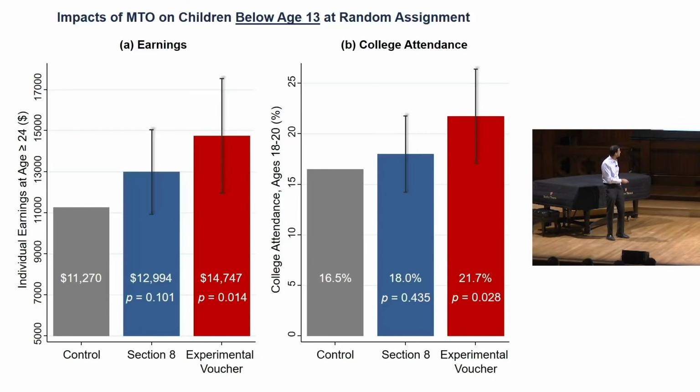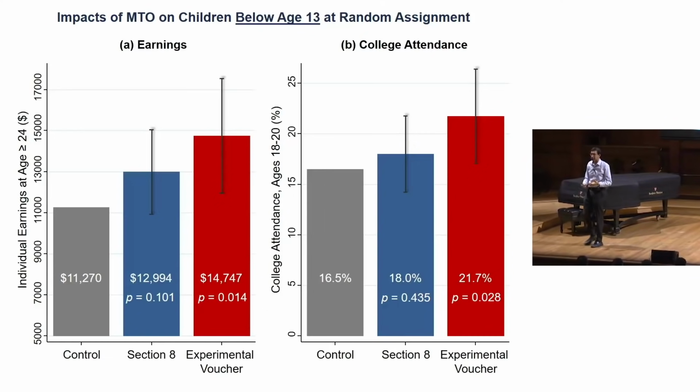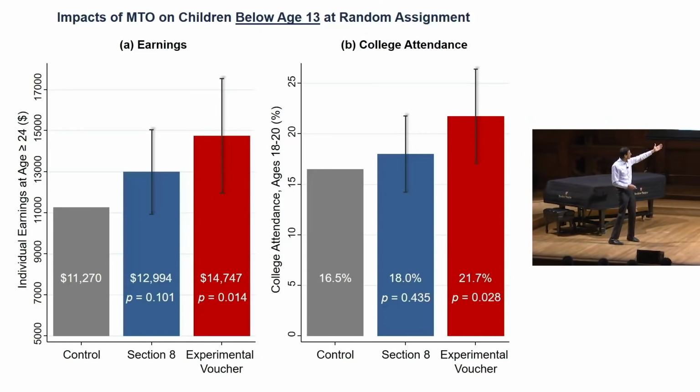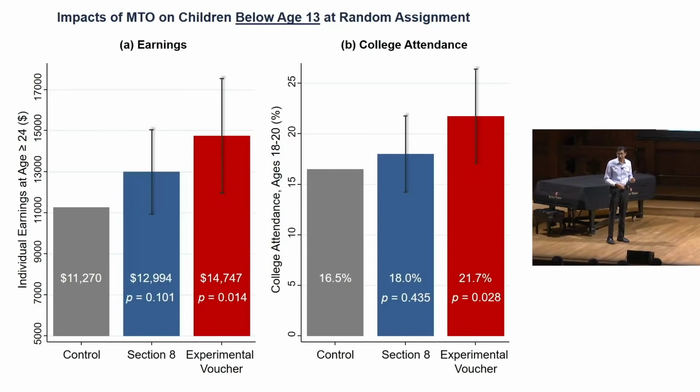And so what you can see there is that the average earnings for that group is about $13,000 as opposed to $11,270 in the control. And then finally, in the experimental voucher group, we do the same analysis, again adjusting for the compliance rate, and compute the average earnings for those folks. And that's closer to $15,000, okay?